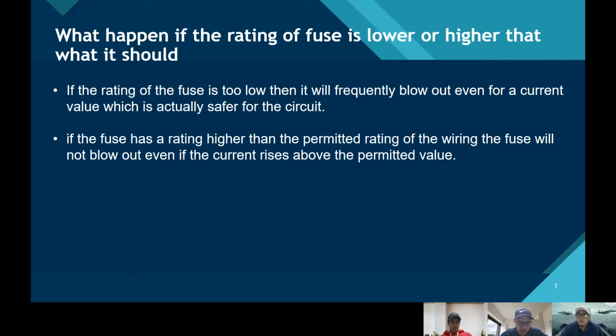What happens if the rating of the fuse is lower or higher than it should be? If the rating of the fuse is too low, then it will frequently blow out even for a current value which is actually safe for the circuit. Second, if the fuse has a rating higher than the permanent rating of the wiring, the fuse will not blow out even if the current rises above the permanent value.